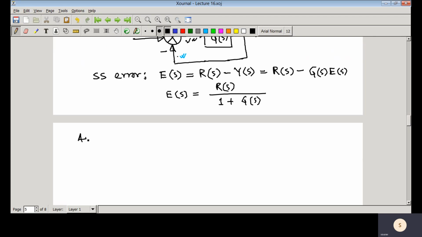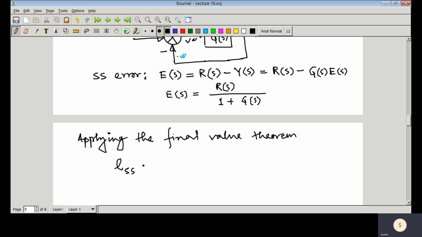So applying the final value theorem, we can get that steady state error e_ss, it is indicated by e_ss, that is limit t tends to infinity e(t).